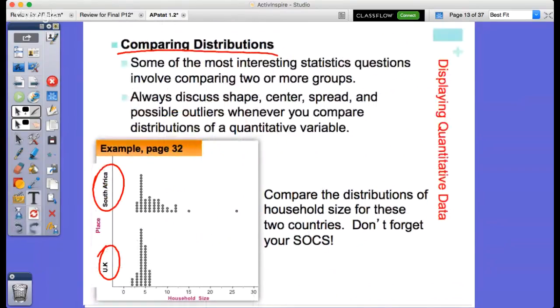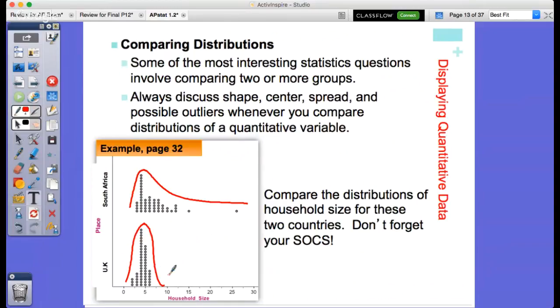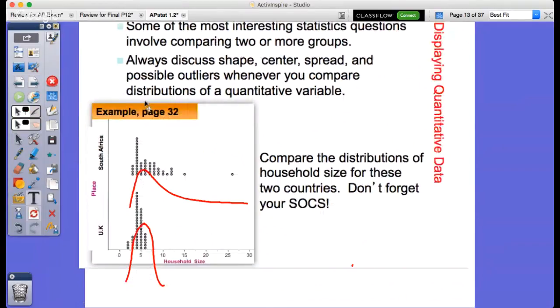Let me take that out. Perfect. Okay. This one's a good one. So if I were to say, okay, let's talk about the Sox, and in comparing, first of all, I would establish it with context. For this one, we're talking about the household size for South Africa and the UK.